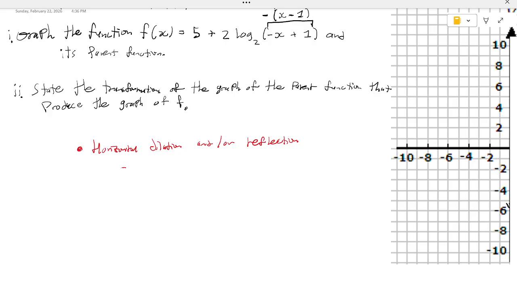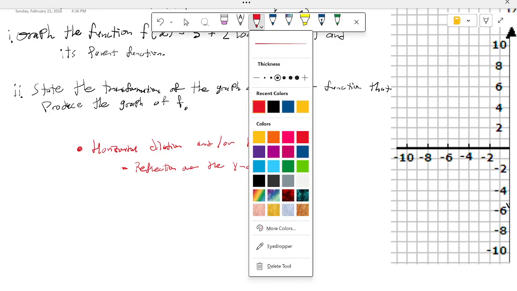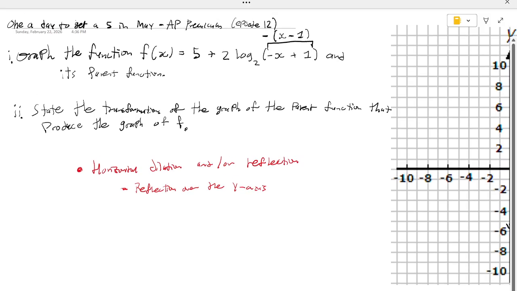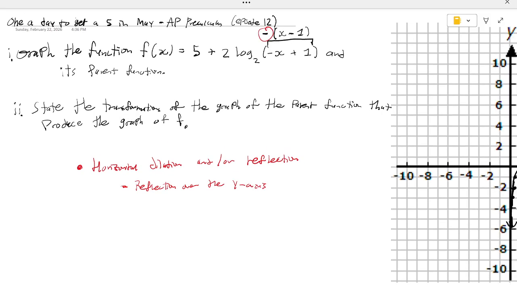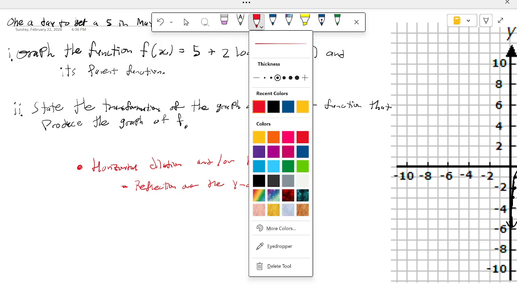So for us, that's going to be a reflection over the y-axis, which will be a horizontal reflection. And by the way, I get that from that negative. I should have pointed that out.